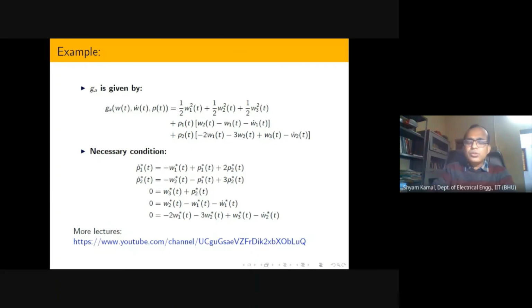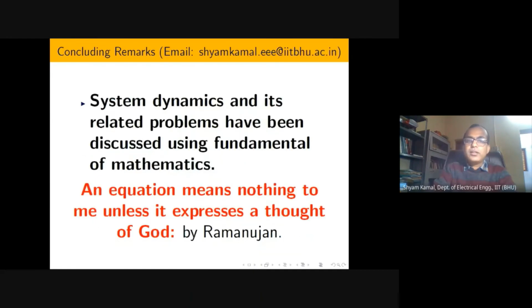Now let us come to the conclusion of today's lecture. What we have seen in this lecture is how the problem of calculus and the problem of variation are correlated: what kind of things we perform in calculus and what different things we perform in optimal control, how to formulate the optimal control problem, and what the fundamental theorem for calculus of variation is.